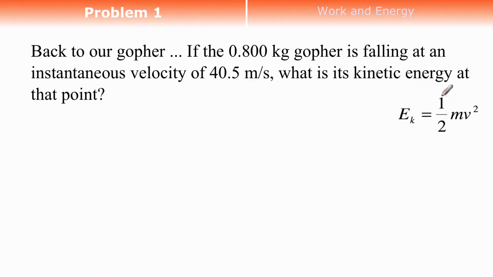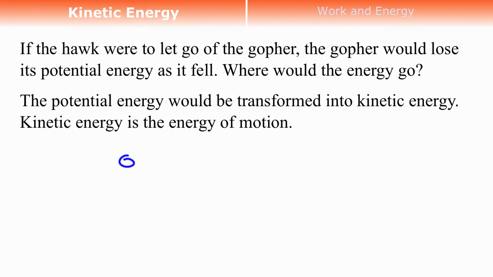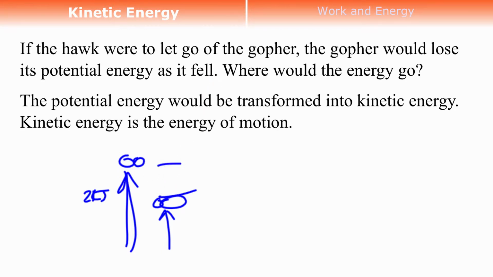Up here I've got 2 kilojoules of energy. As that little gopher got dropped, he would lose potential energy because he's not as high up as he used to be. So where would that difference in the energy go?